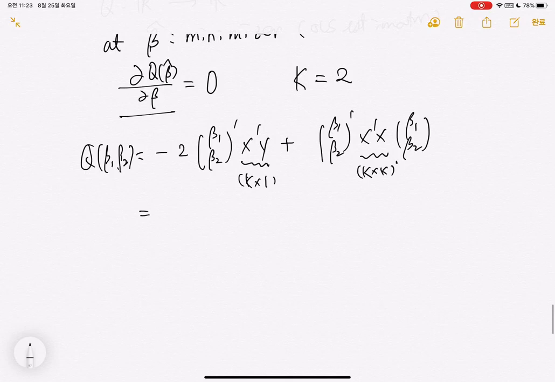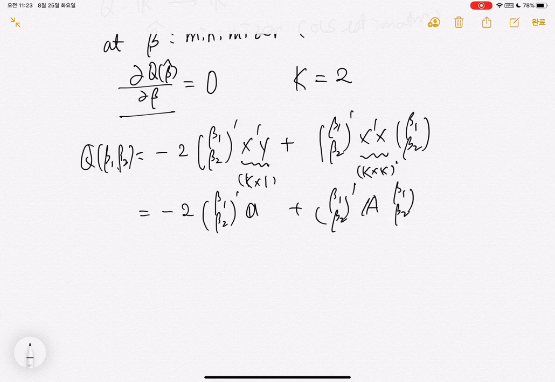So let's use some simpler notation: minus 2 beta 1 beta 2 prime, let's call this a, plus beta 1 beta 2 prime A beta 1 beta 2.